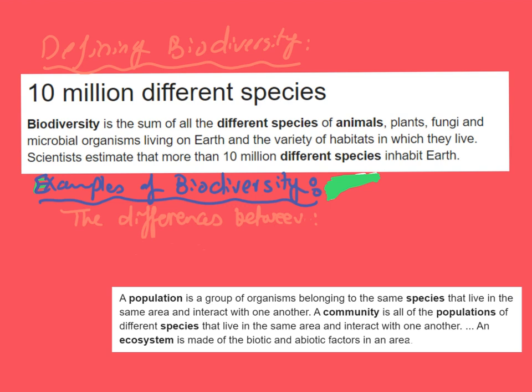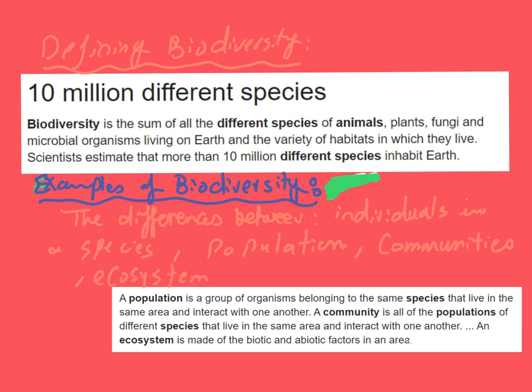Some examples include differences between individuals, in species, and then the difference between populations of the same species, differences between communities, and between ecosystems. All of those are considered examples of biodiversity.